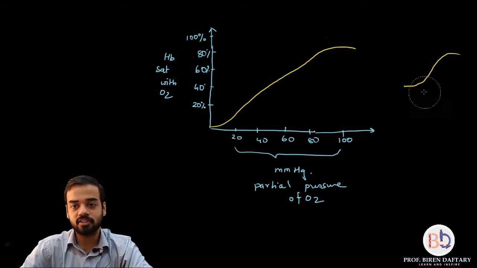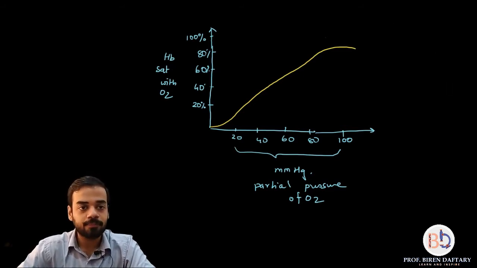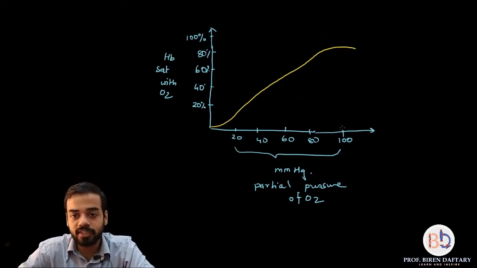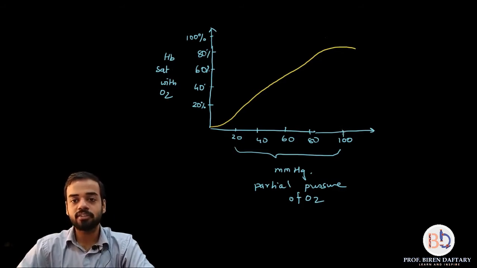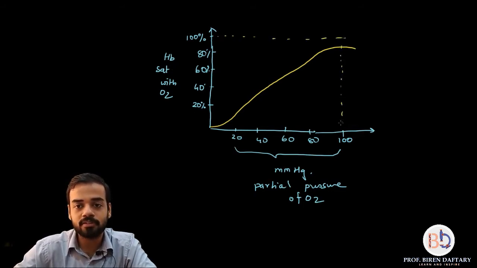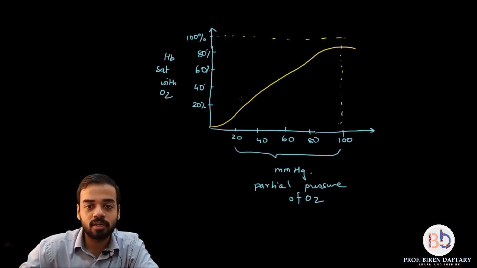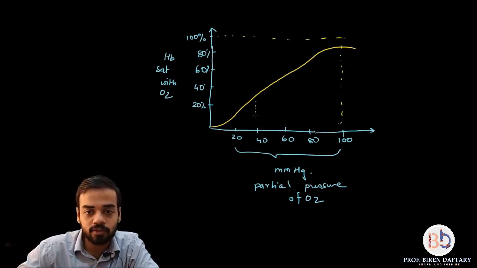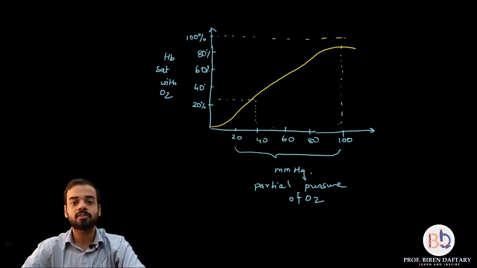So when you see this curve, what do you understand? First of all, this is where the partial pressure of oxygen is 100. So this value coincides with somewhere around 90% of saturation. Similarly, at 40 millimeters partial pressure, it is somewhere around 30% saturated.